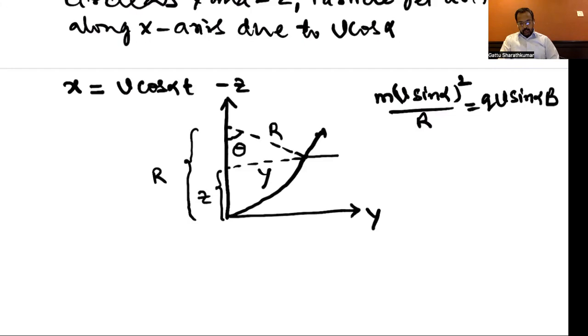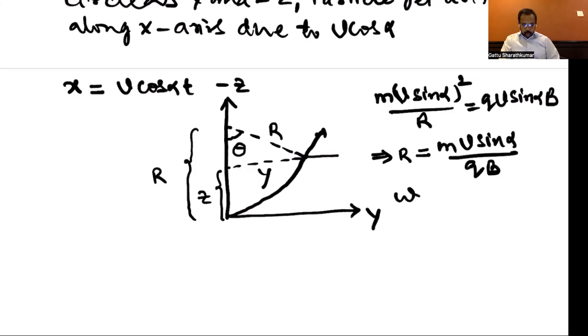From this, your radius r will become, what radius r will become? mv sin alpha by qB. Radius r becomes mv sin alpha by qB. Your omega will become qB by m. And your time period will become 2 pi m by qB.